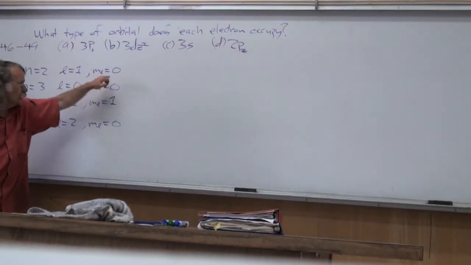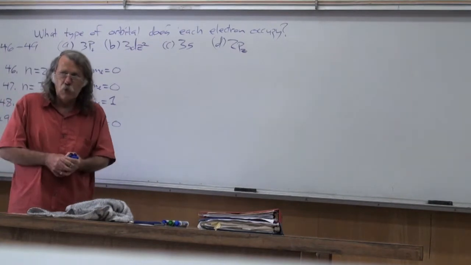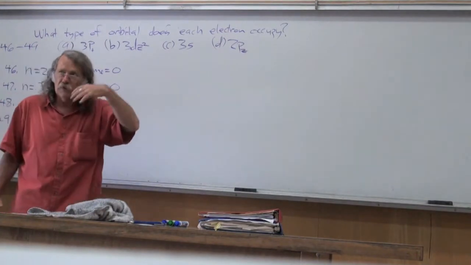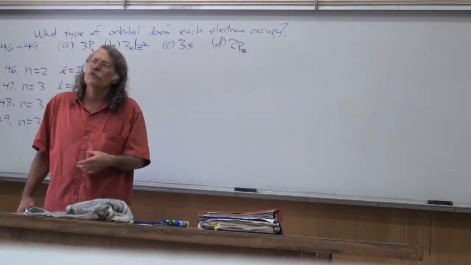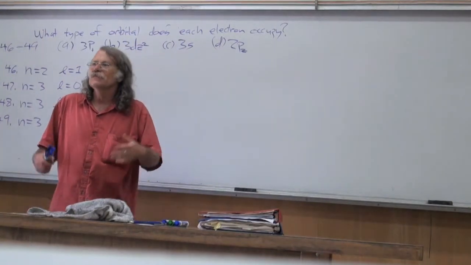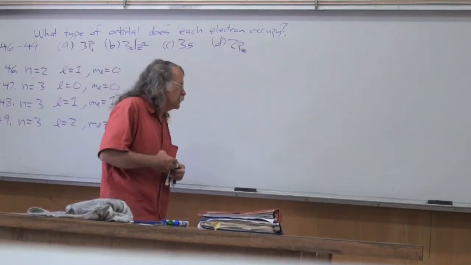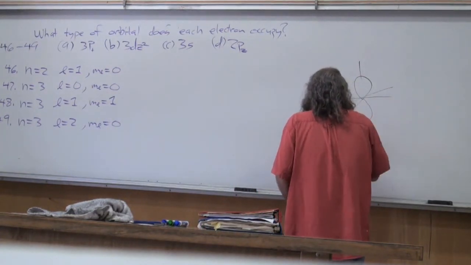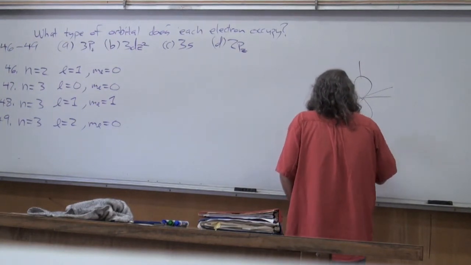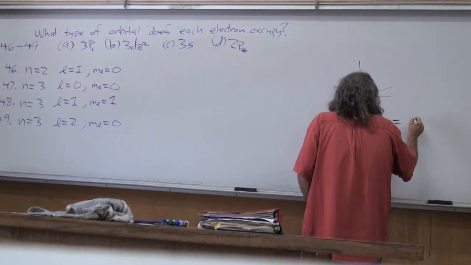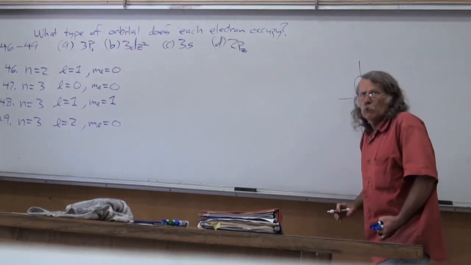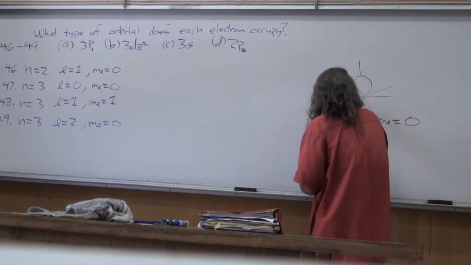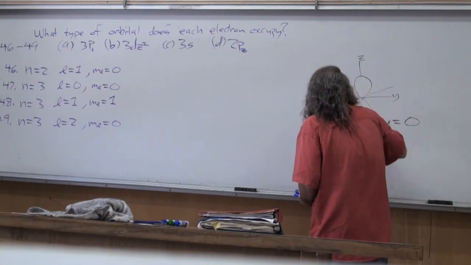And the fact that m sub L equals 0 means the projection of the orbital angular momentum onto the z-axis is 0, corresponding to the axis we arbitrarily decided to be the reference axis, the z-axis. So the pz has m sub L equal 0 because its projection onto the z-axis is zero.